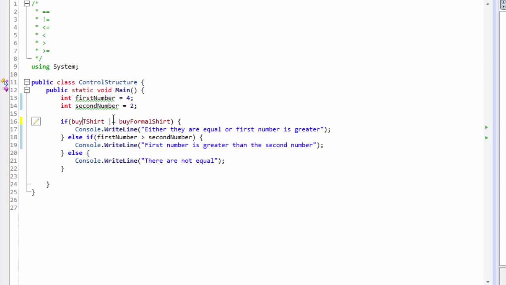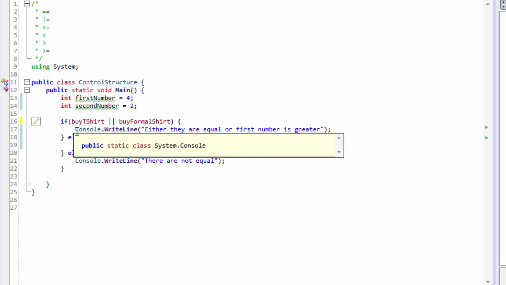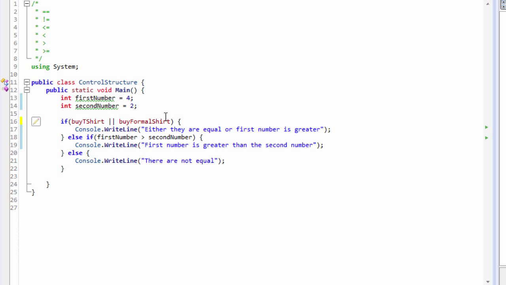Buy t-shirt or buy formal shirt. So if you want to buy a t-shirt, then you won't be able to buy the formal shirt. If you want to buy the formal shirt, then you won't be able to buy the t-shirt. I guess you're quite familiar with how the logical AND and the logical OR operator works.